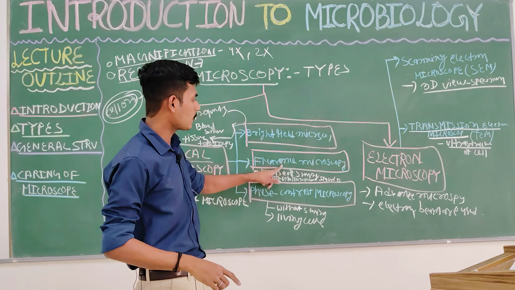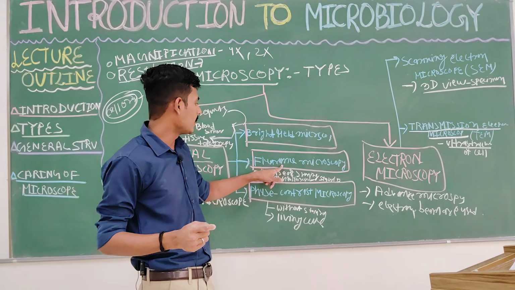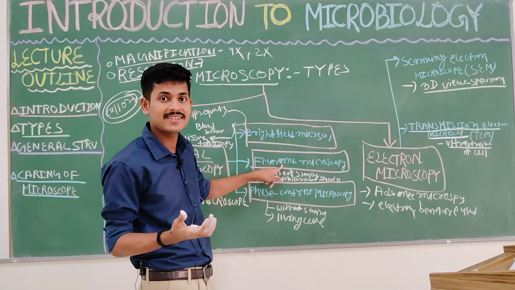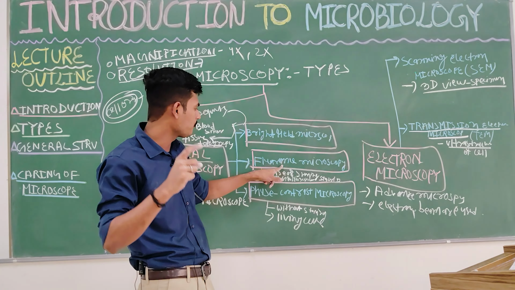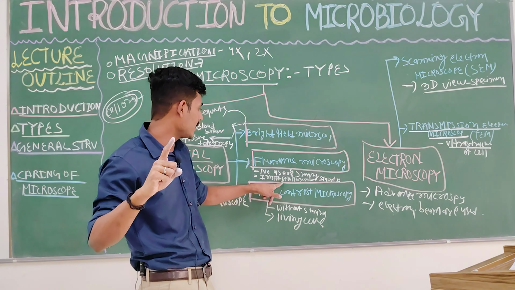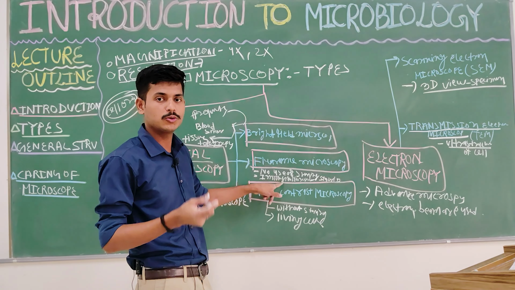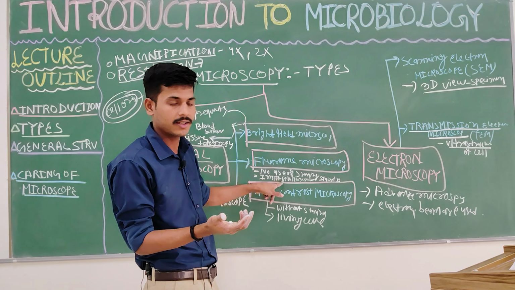Now, in fluorescence microscopy, what is happening here? Basically, we label the cell with a fluorescent material, and then we observe it in the microscope. One of the most frequent uses is when you label an antibody in order to understand which type of antigen is present in the specimen.